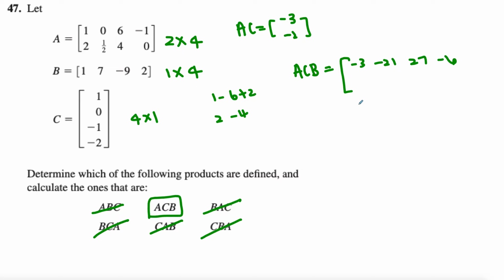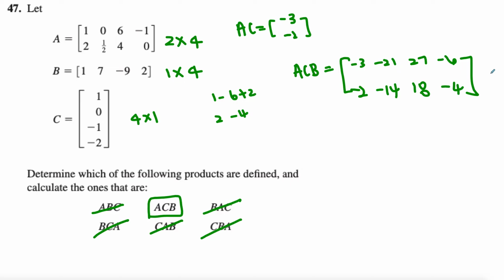Negative 2 is multiplied to all those values here. So that means we end up getting negative 2, and then negative 14. Oops, let me just rewrite it. And then 18, and then we get negative 4. So that becomes our answer.